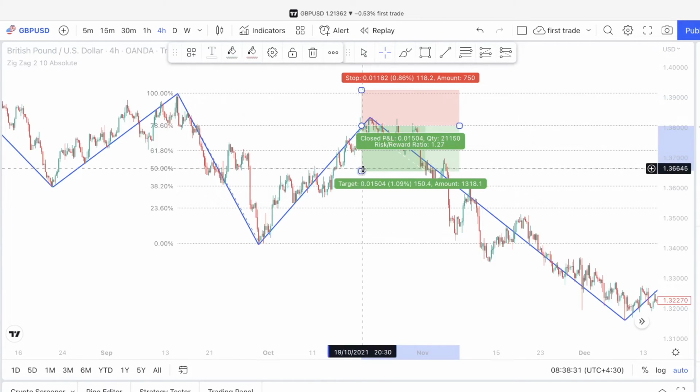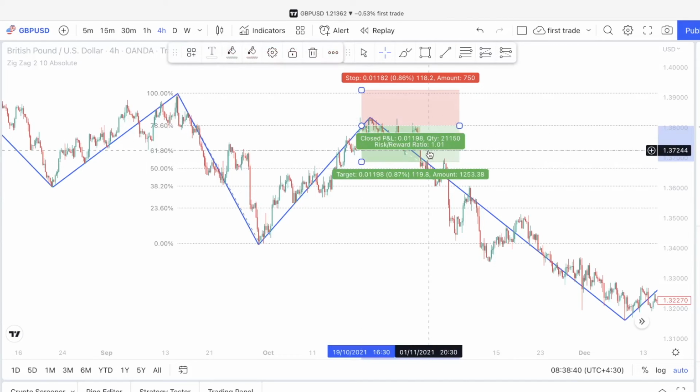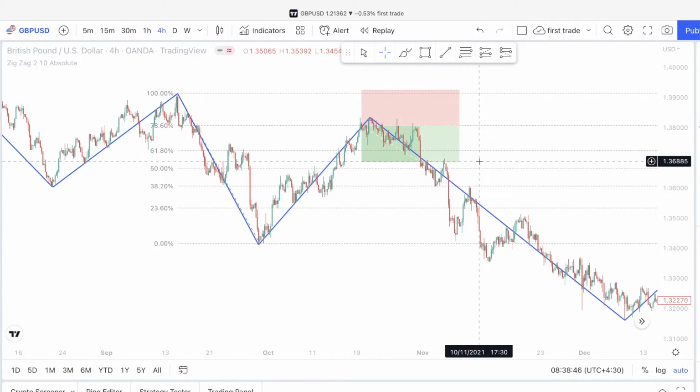Let me show you. So my stop loss is here and my take profit will be risk-reward ratio 1, which is here. I will wait until the market hits this level and then I will partially close my trade. Maybe I close half of my trade.